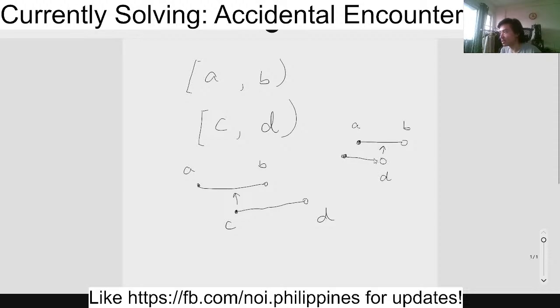I want to check D minus 1, because D is not included. For example, if I have a D here, and CD, if I check D, is D between A and B? It is, but in this problem, we don't consider them to be overlapping. Okay, so anyway, you can do that.